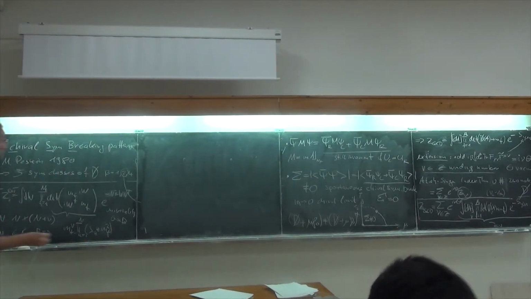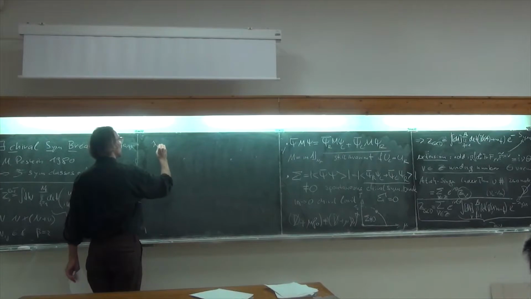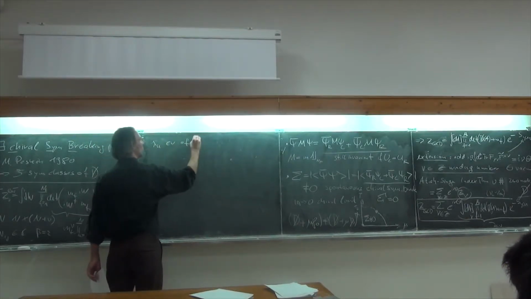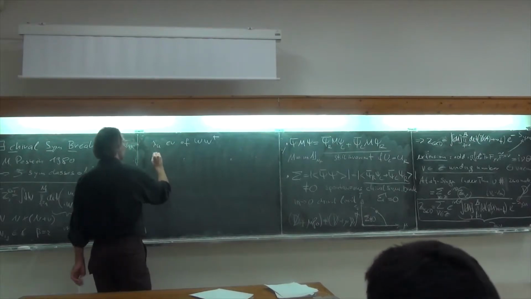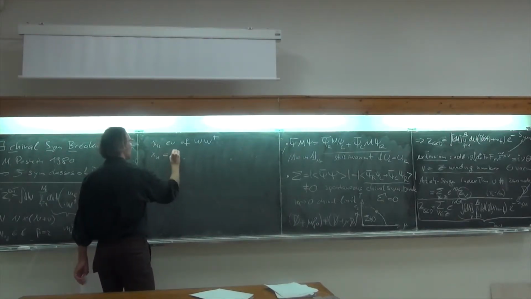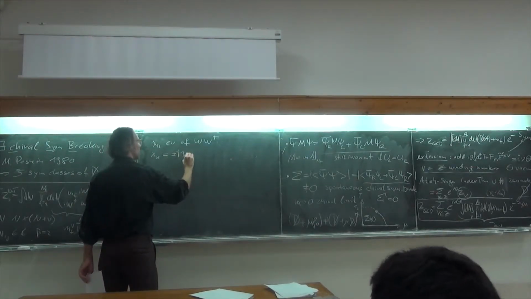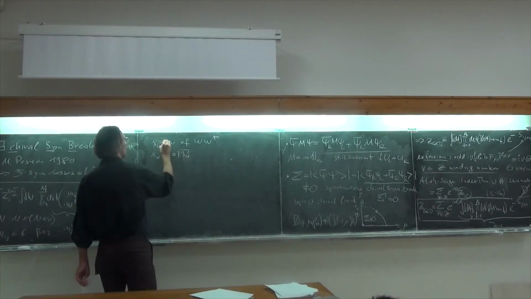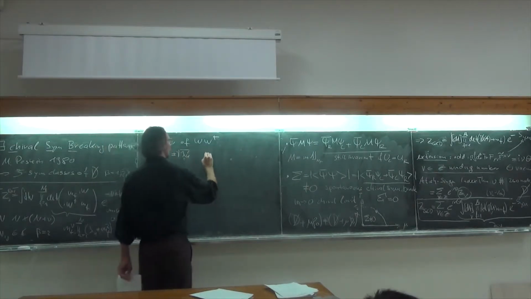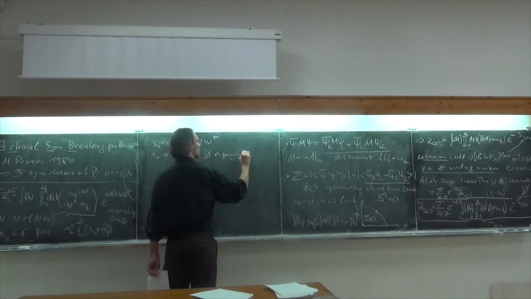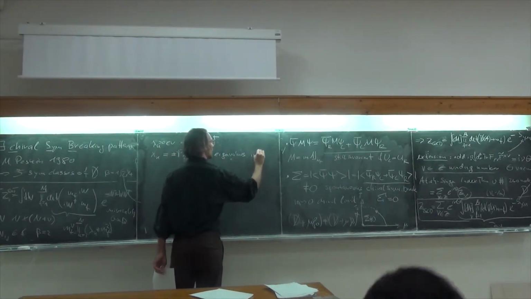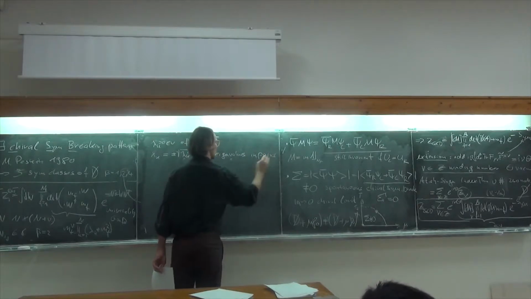So in the end, the lambda_k are the eigenvalues of W W dagger, and the Dirac eigenvalues we would call them plus or minus i lambda_k. So they are of course positive. So these are the Dirac eigenvalues. They come in pairs.